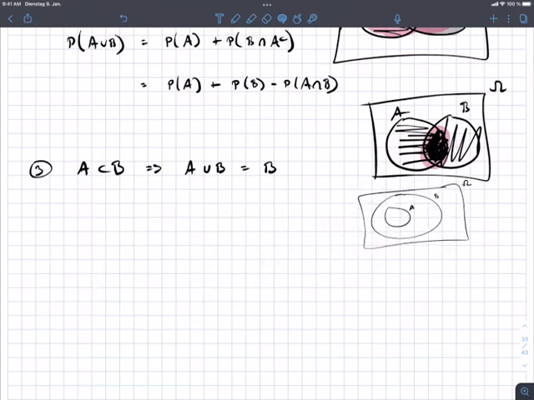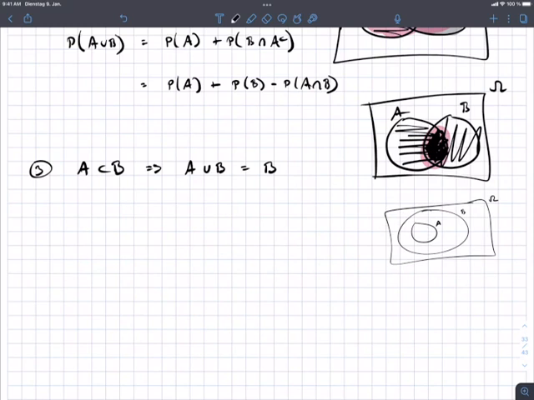Okay, so that means if I go back to this expression that I got for probability of A union B, A union B is really just B.